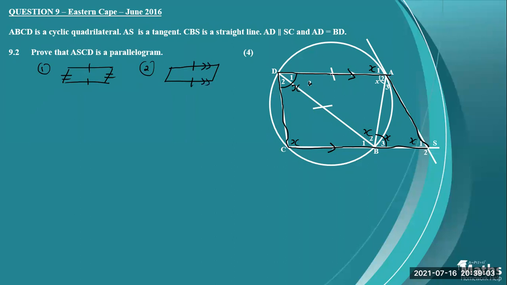Well, I don't even have it that it's equal, but I do have that it's parallel. Two pairs of opposite sides are parallel. I am going to investigate this option because I already have one pair of sides which are parallel.